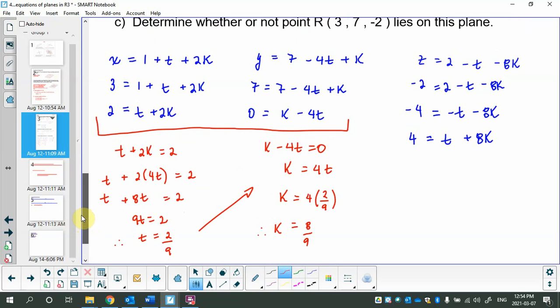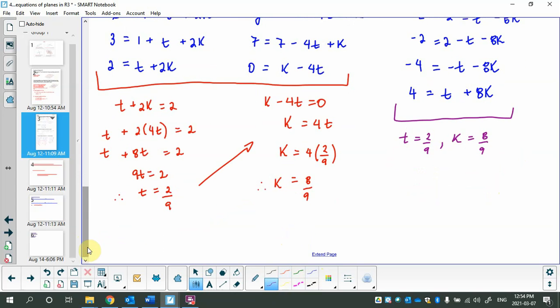So what I've done is I've made sure that my x and my y work. Well, this isn't for sure until you make sure that your z works. So what we need to do now is take the third one, the one that we overlooked, the third part, which in my case is z, and put in t is equal to 2 over 9, and k is equal to 8 over 9, and see if this equals the 4 that's on the other side. So we need to do a left side, right side check.